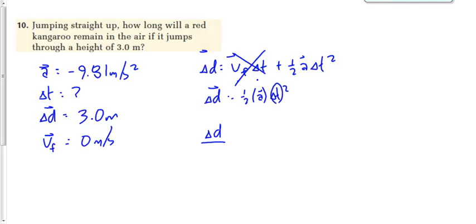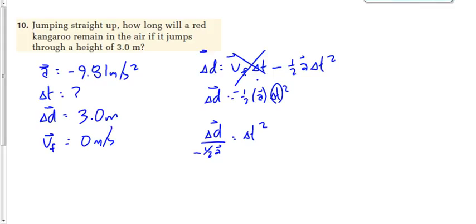D divided by 1/2 A. Oh, yeah, it is minus. D equals VFT minus 1/2 AT squared. So that becomes delta D over negative 1/2 A. Make sense? That makes sense, everyone? I just wrote the equation down wrong, right?